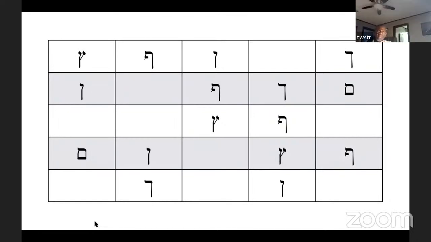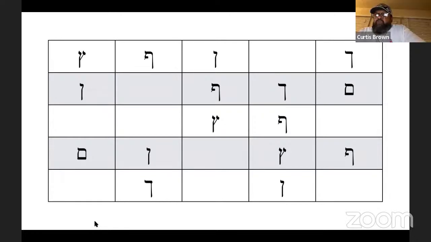On the top line, we're missing a mem. No, the second one, we're missing Sadi Sofit. Next one, Sadi, we have Fe, so we're missing Nun, Mem, and Nun. And is it that one missing in line number 3?